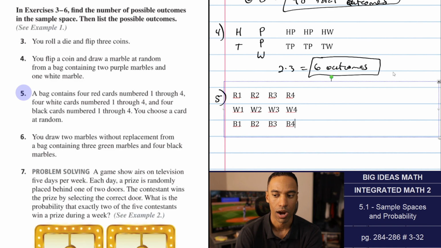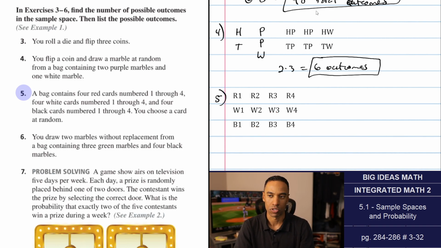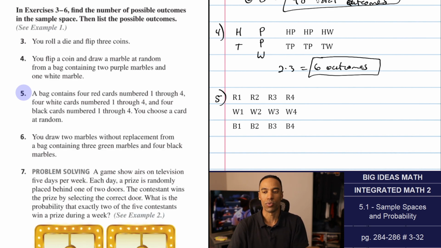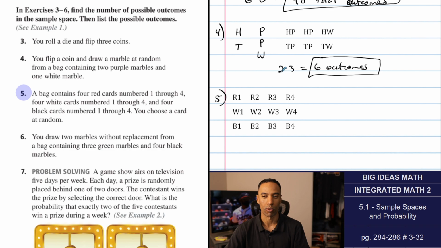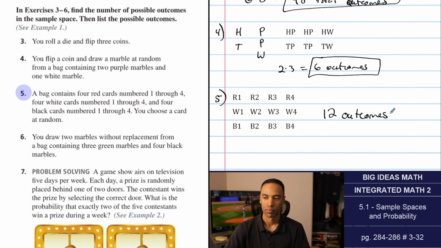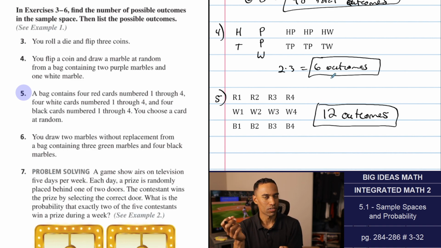You are drawing a card, and the cards have numbers on them. They have 2 designations to them, a color and a number. In total, they're asking how many different cards there are. You can say 3 by 4, but you're not multiplying those 3 by 4 for that reason anymore. This is just 12 different cards. So 12 outcomes when all is said and done. It is 3 by 4, but not in the same way that the others are 2 different events.